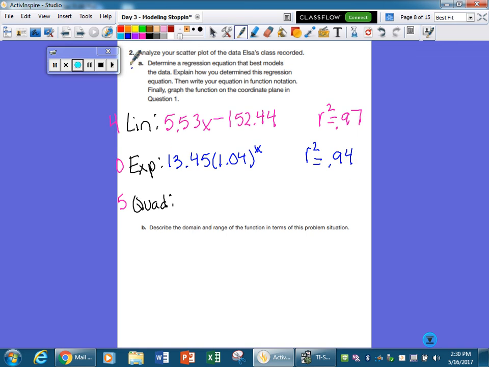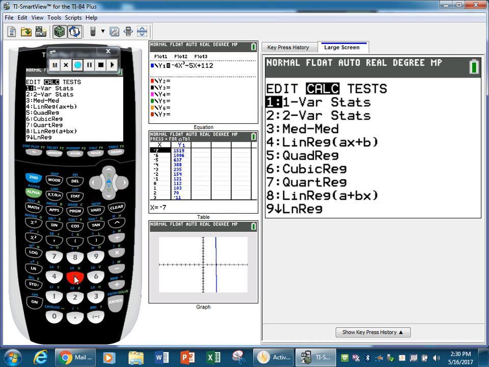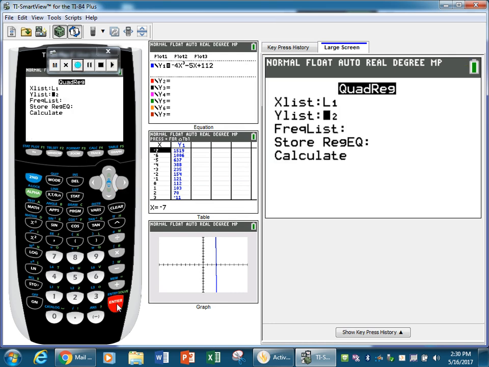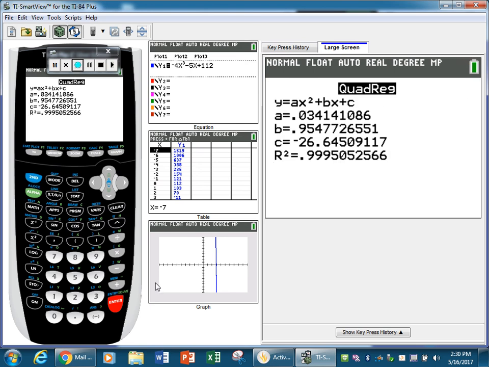Now I'm going to do it again, and I'm going to use quadratic. So I do stat over 5, enter. Now quadratic equations, you know standard form, ax squared plus bx plus c. So we have an a value to substitute in, a b, and a c. Okay, so we have to do all three. A, x squared plus your b, x plus your c.